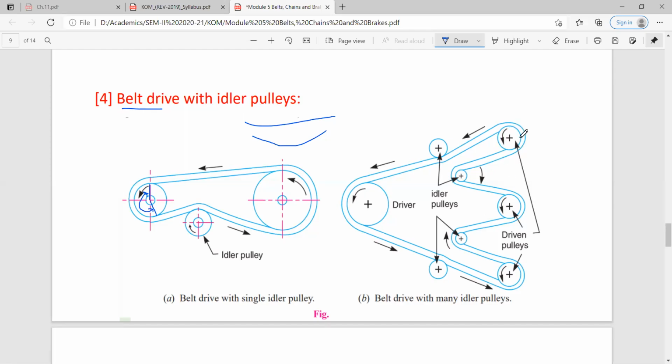If you directly connect it like this, the belt will sag, so the power will not be transmitted efficiently to all, because the angle between the belt and pulley surface will change, and it depends on this angle, which is called the angle of contact, how much power you are transmitting. The more it is, the more power a belt is capable of transmitting. So this is one of the things: belt drive with idler pulleys.